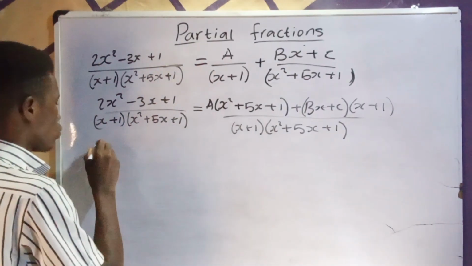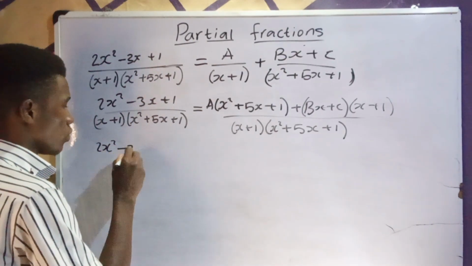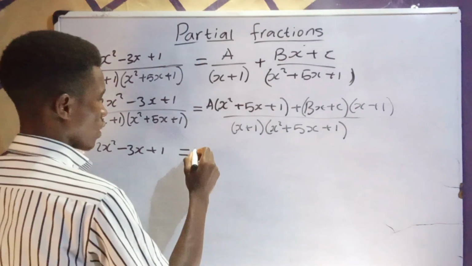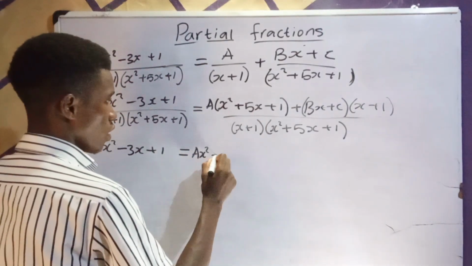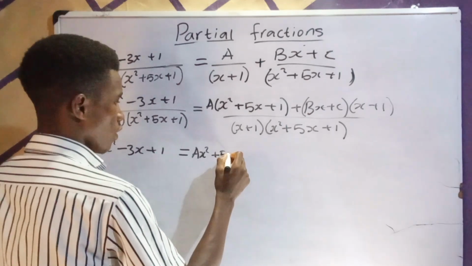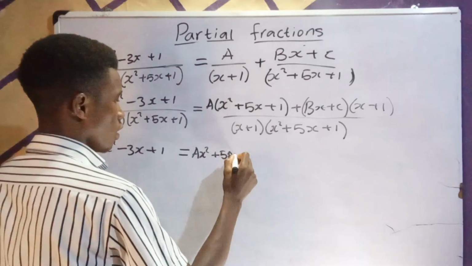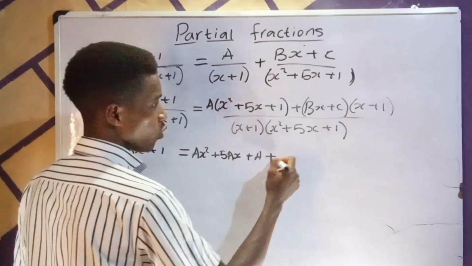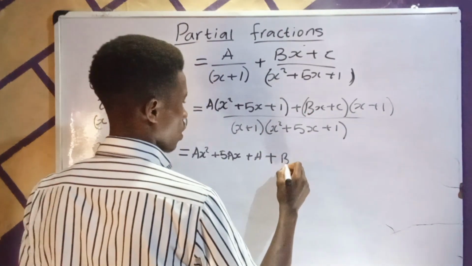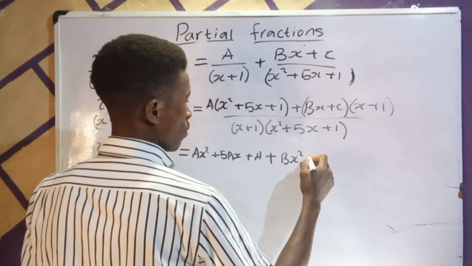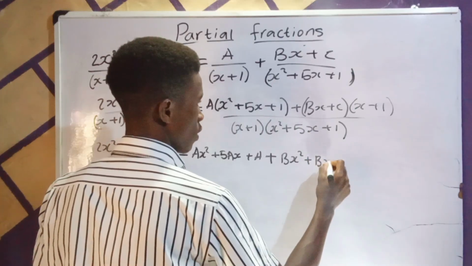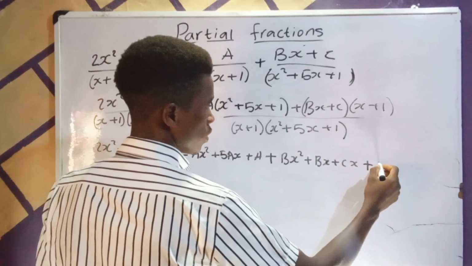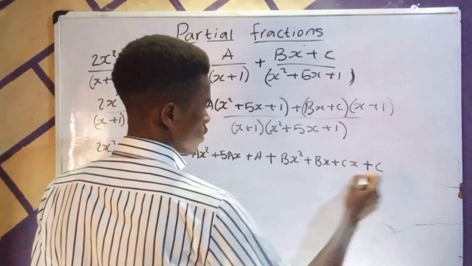So from here we have 2x squared minus 3x plus 1. I'll say that is equal to, open up the bracket, you have ax squared plus 5ax plus a. Then this one will have plus bx squared plus bx plus cx plus c.